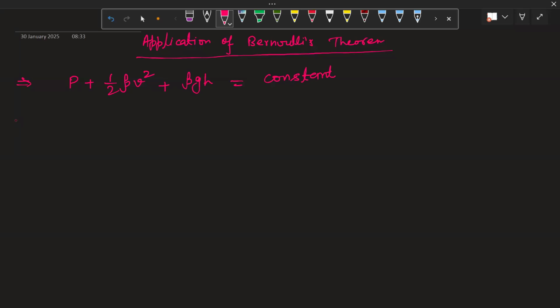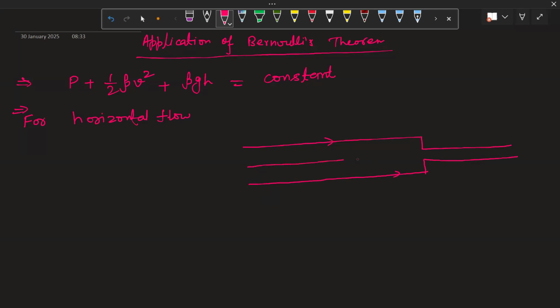So one application, venturimeter, we have discussed. Another, let's suppose we have horizontal flow. If fluid is flowing horizontally like this, the area of cross section might change, but it is horizontal only.